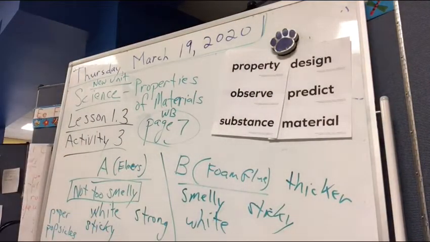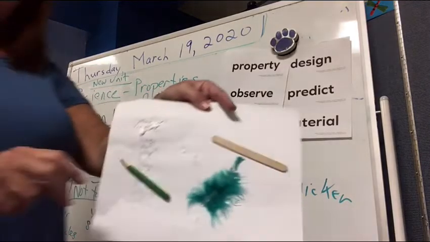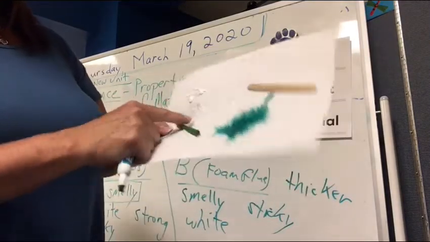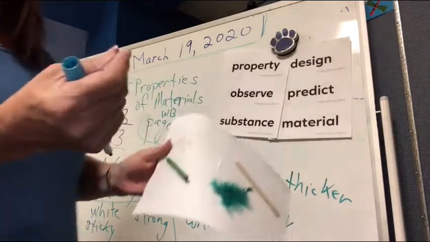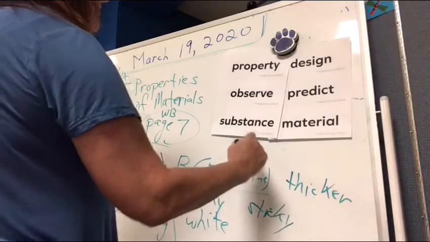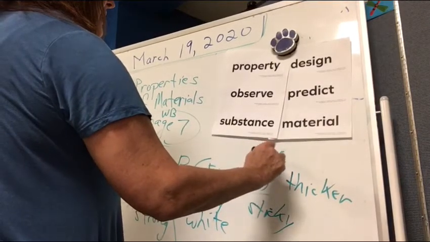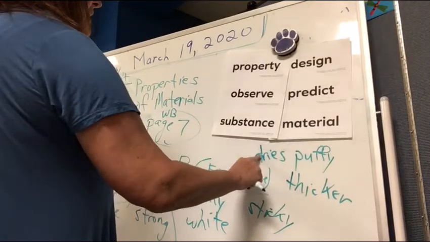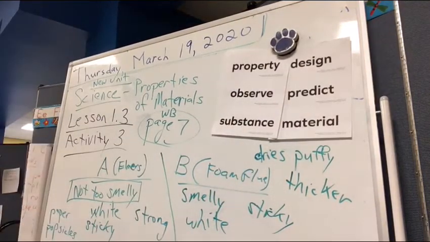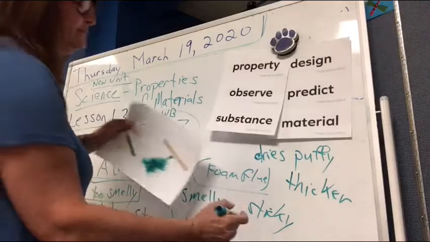This one, the foam glue, will stick on, let's stick on a feather. Okay, the foam glue, when it dried, it's not flat, it's puffy. So this one dries puffy. It is strong also.